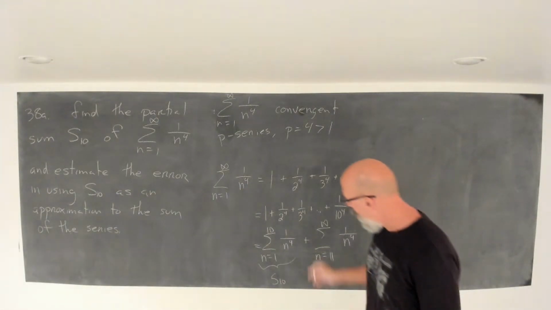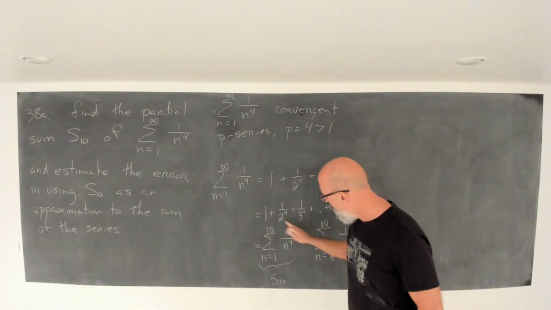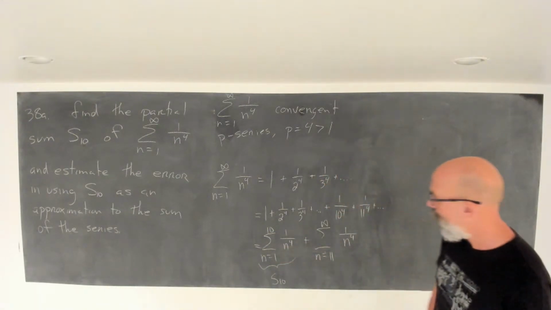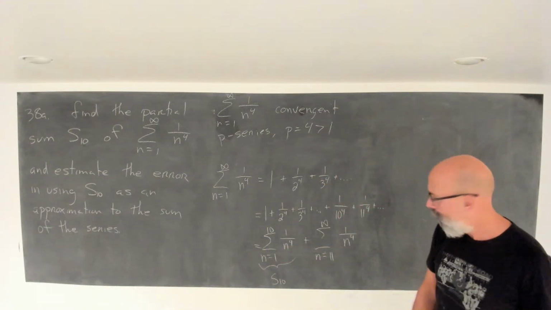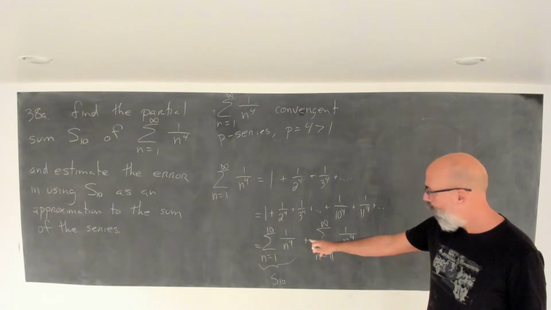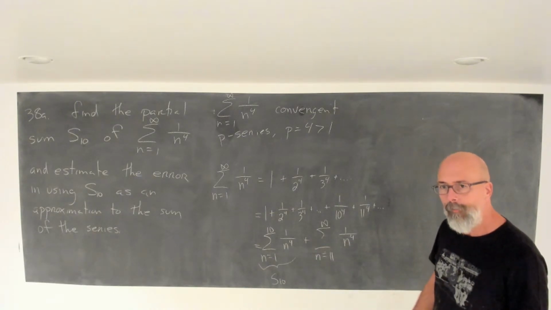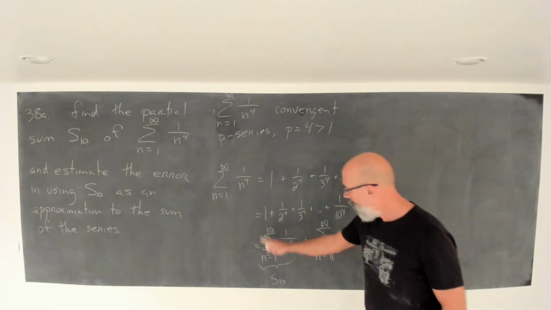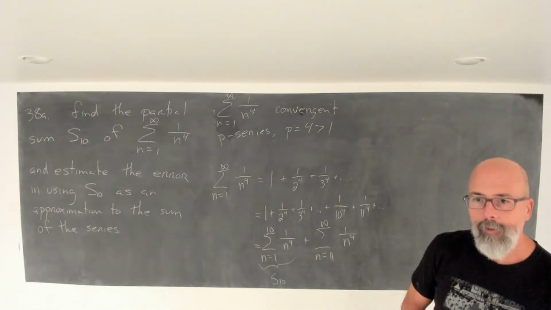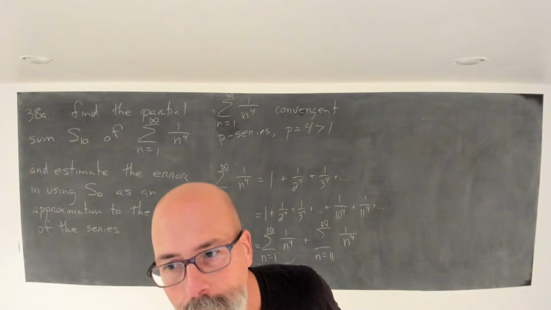So that's where a calculator or computer comes into play. Somebody want to work that out on Wolfram Alpha? Or shall I? Who's going to do it faster?